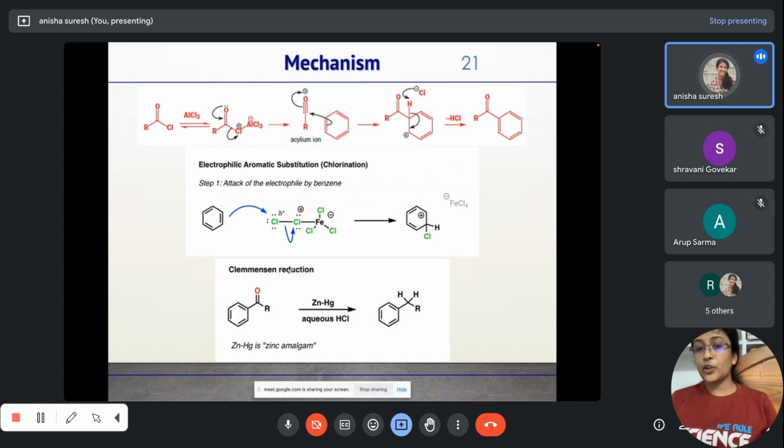Then it will undergo Clemmensen reduction, where in the presence of zinc amalgam and aqueous HCl, this C double bond O will convert into CH2. The mechanism of Clemmensen reduction we discussed last week. You can go to the YouTube video and see the mechanism of Clemmensen reduction.